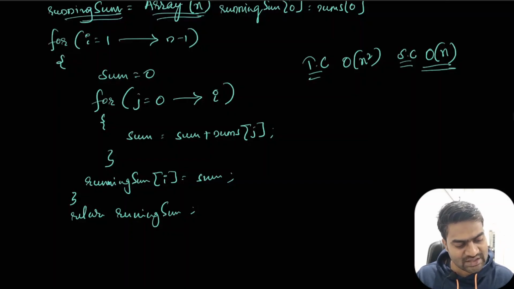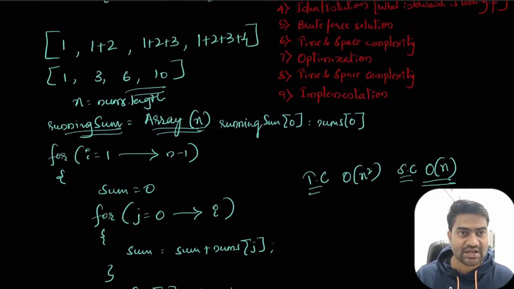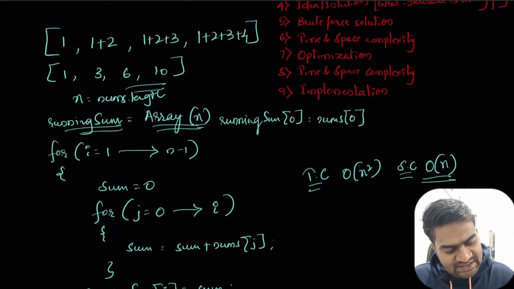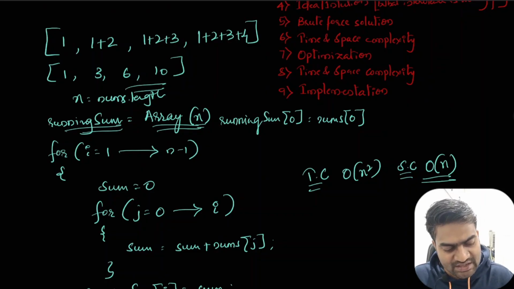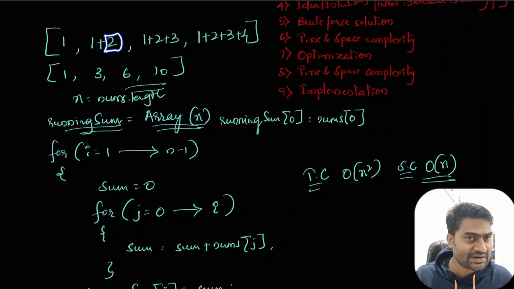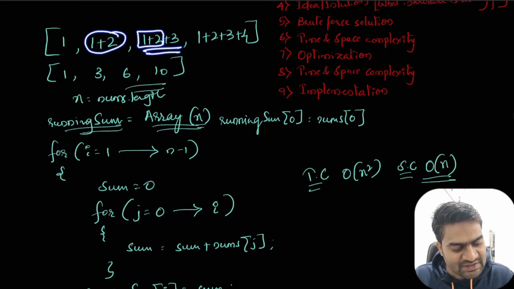How to improve that? So in this particular case, if you see here, first number is 1, so there is no issue in that. But if you see the second number, it is the previous sum plus the current number. Then the third number is nothing but the previous sum plus this number.